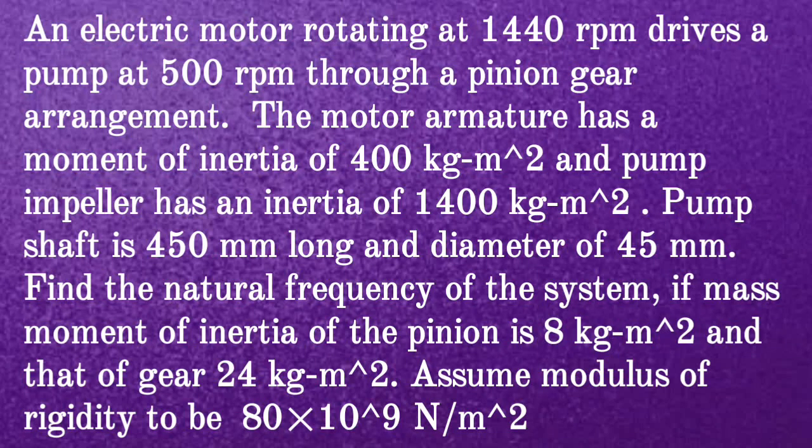The pump shaft is 450 mm long and has a diameter of 90 mm, whereas the motor shaft is 180 mm long and has a diameter of 45 mm. Find the natural frequency of the system. If the mass moment of inertia of the pinion is 8 kg/m² and that of the gear is 24 kg/m², assume modulus of rigidity to be 80 × 10⁹ N/m².